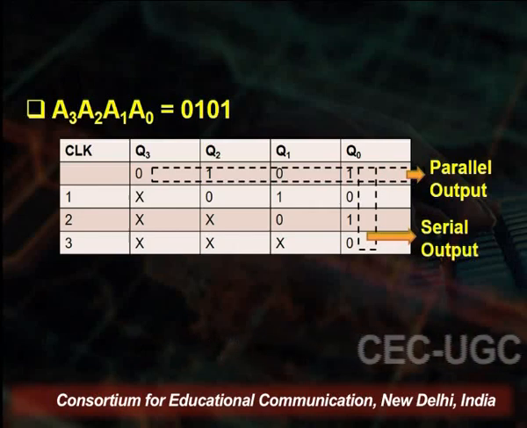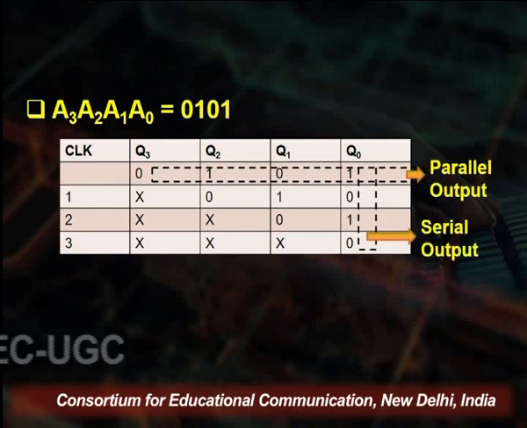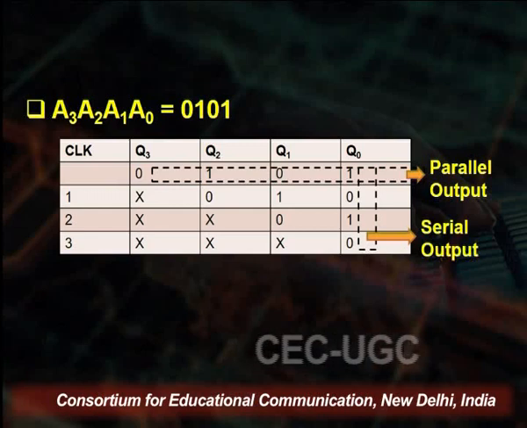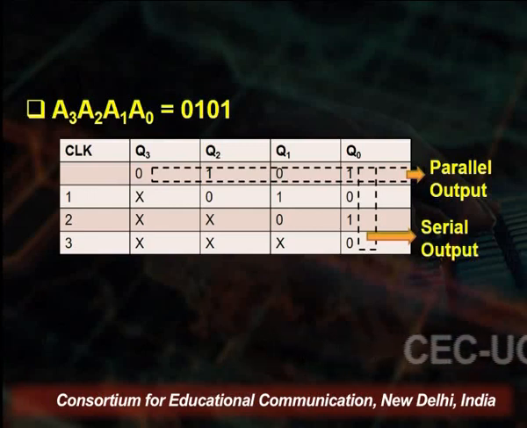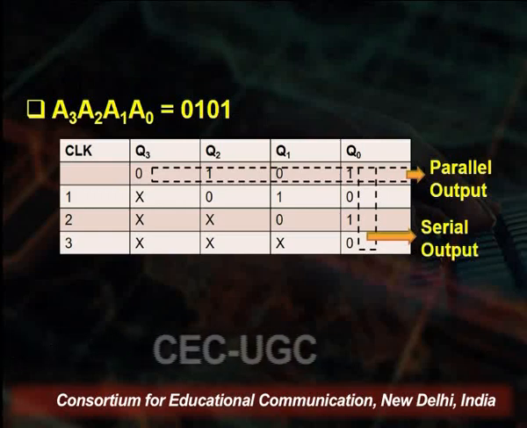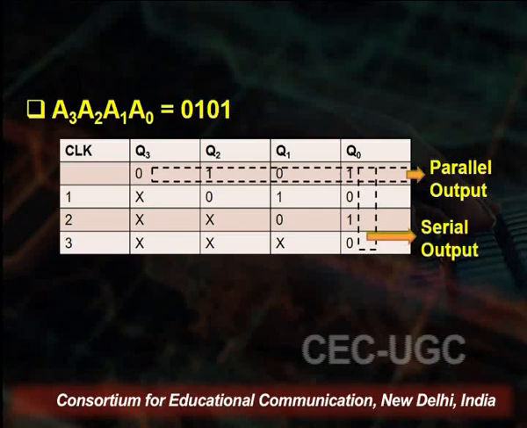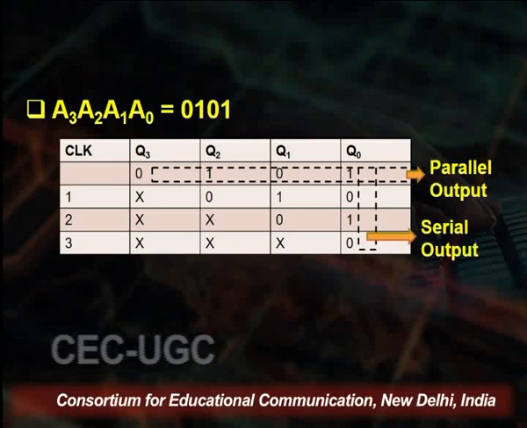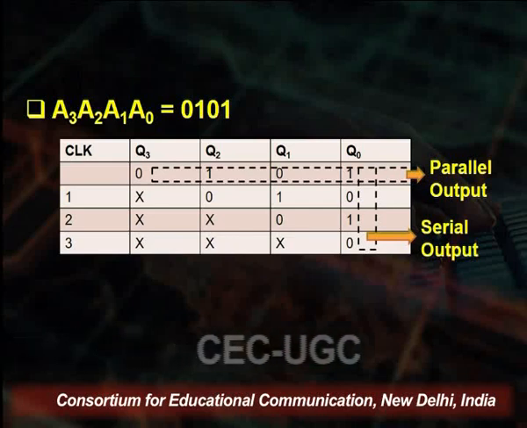So in this case, initially, even without the clock, we are able to feed data and access the data from the shift registers. So 0101 is the data that we fed, and even without the clock pulse, just by changing the preset enable, we are able to feed that into the flip-flops.